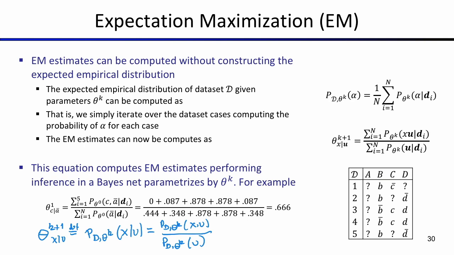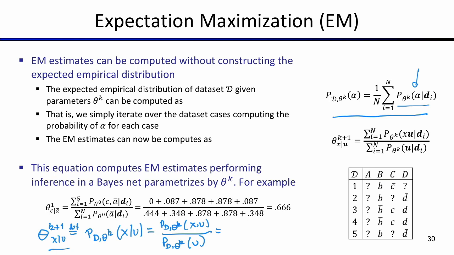But we know from the previous slides that we can compute those things using this equation here, basically a sequence of conditional probabilities that we sum over all the cases that we have. So we can go directly from this one to this one, right? Without mentioning this expected empirical distribution.